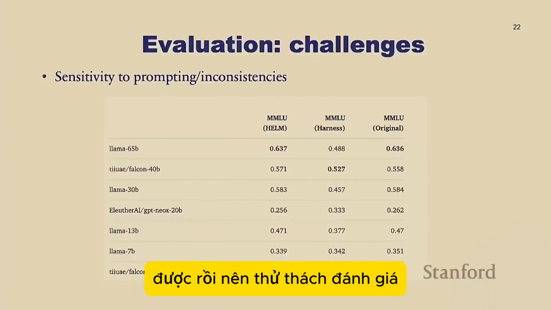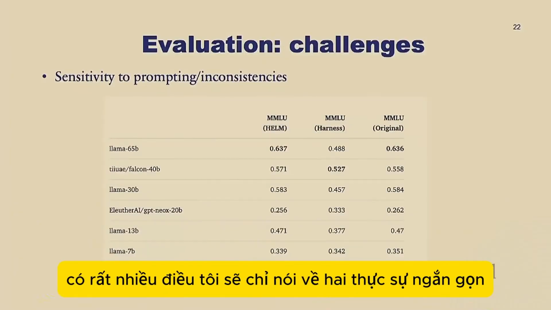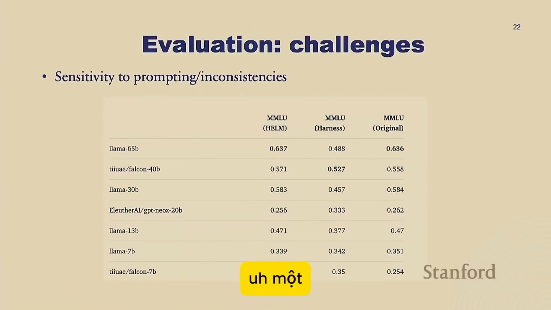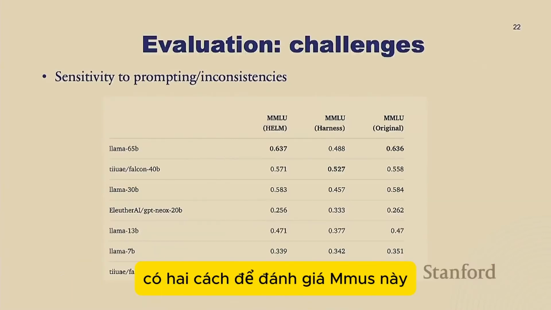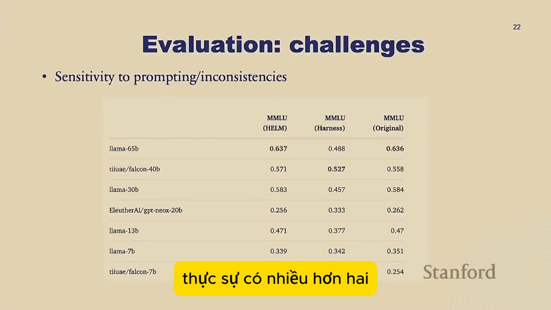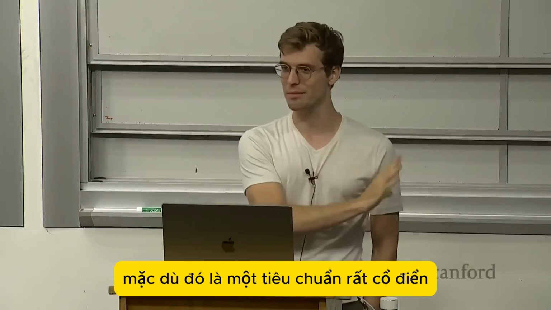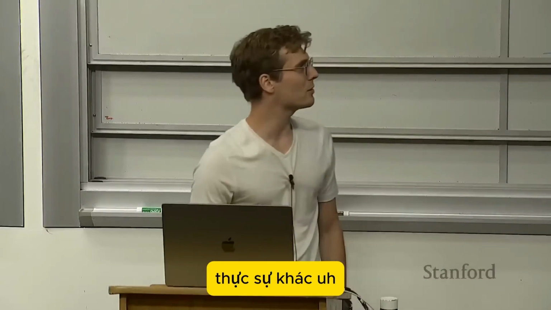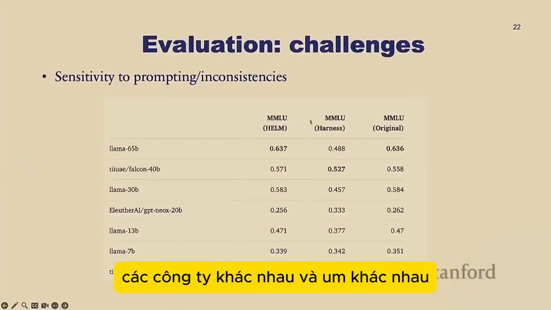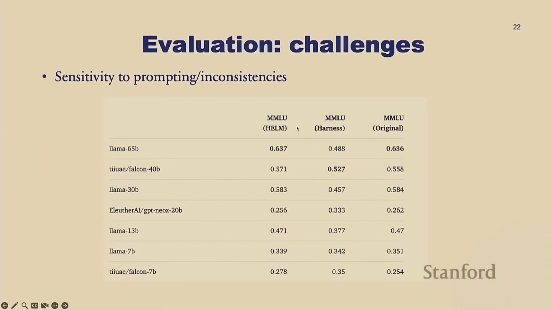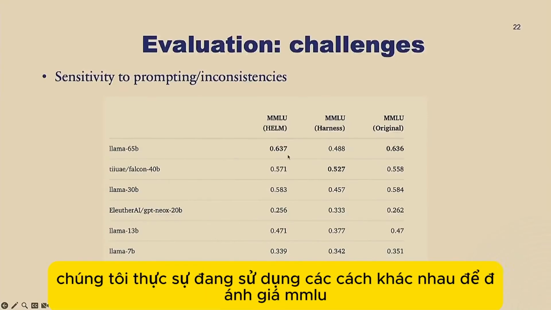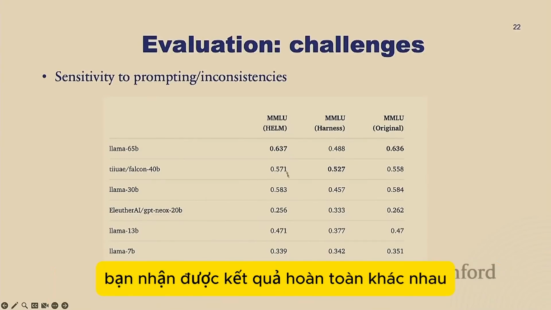Okay, so evaluation challenges, there are many. I'll just talk about two really briefly. One, as I told you, there are two ways of doing evaluation for these MMLUs. Actually, there are many more than two, but I gave you two examples. It happens that for a long time, even though that was a very classical benchmark that everyone used, different companies and different organizations were actually using different ways of evaluating MMLU, and as a result, you get completely different results.